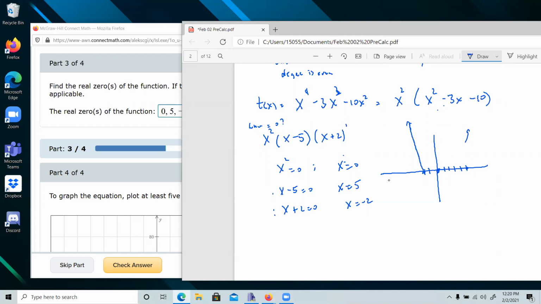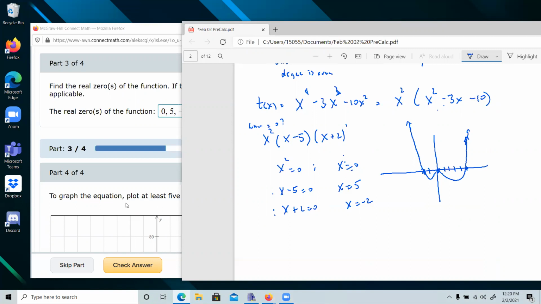It's just got a 1 here. It's an odd power root, I should say. So we break through. We hit the origin, and what happens at the origin? We bounce. Okay, and then when we hit 5, we can go through because that's our deal here. All right, and that would be the graph of our function here.